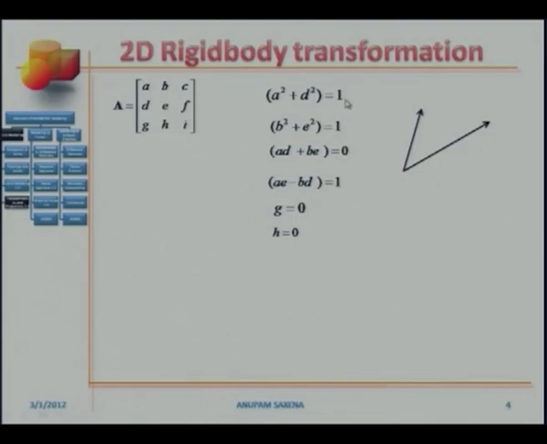If you look at these 4 conditions, they involve this submatrix of A. In a sense, the 4 terms A, B, D, and E. If I write this submatrix of A as A1, then last time we found that A1 is orthogonal.